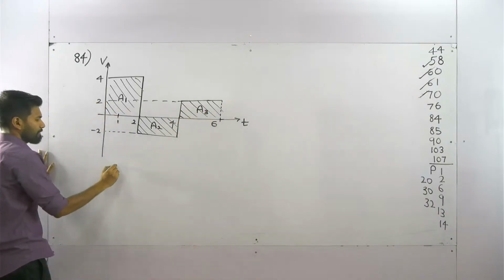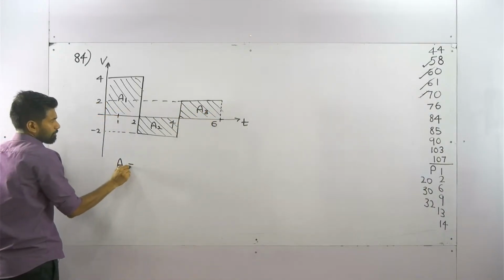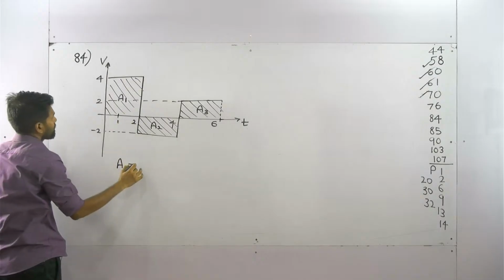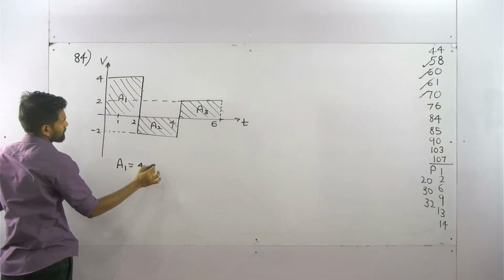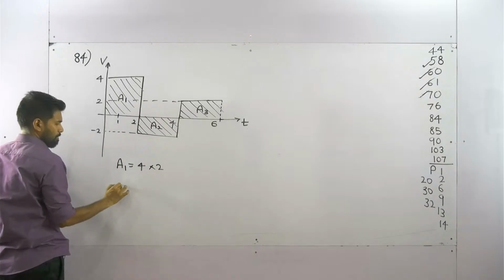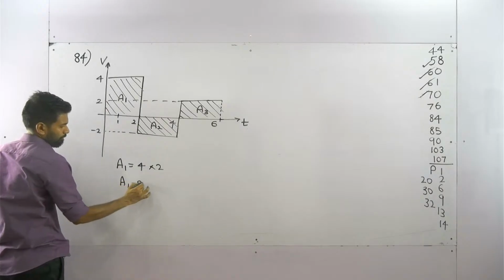Okay, let's find A1. It's a rectangle. Height is 4 and the width is 2. 8 meters.